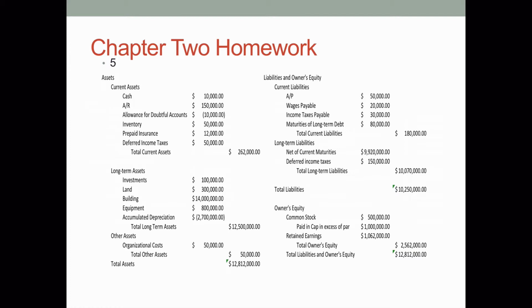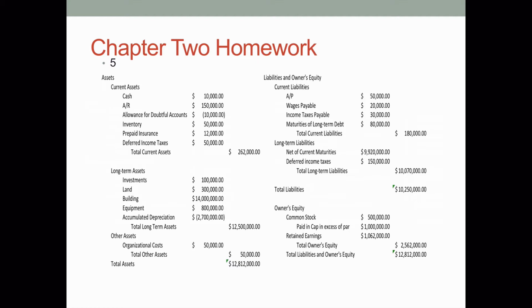There's the accumulated depreciation for PP&E, and there's the treasury stock, which this one does not have, but you need to know that that's going to be a contra owner's equity account. You're going to need to know the difference between your current assets and your long-term assets, and that's basically what you'll need to know from the asset side.